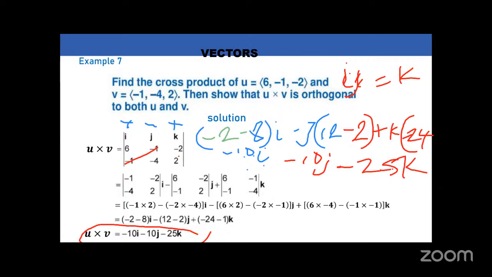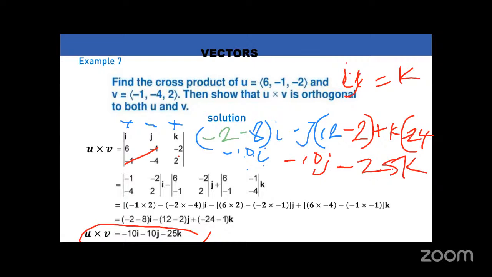Now, the next part of the question says, show that U cross V is orthogonal to both U and V. So to do this, we assume that U cross V is a single vector.